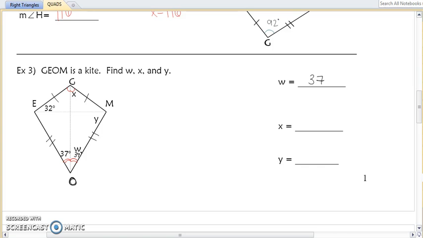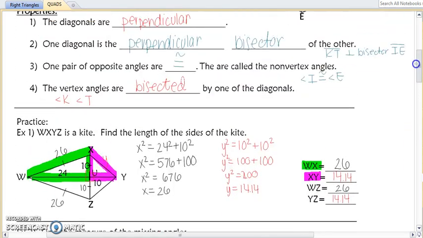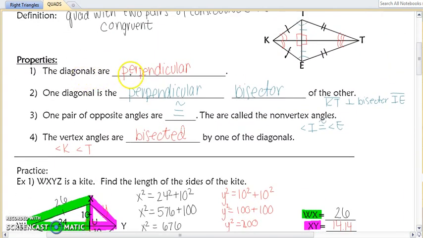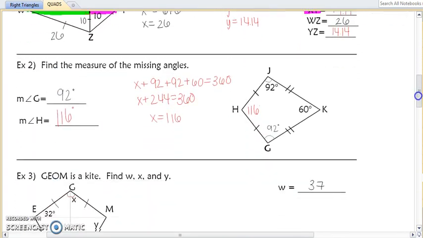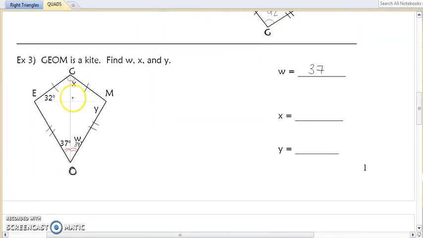To find the measure of angle Y, it's a little bit more simple than you might think. We know, based off of our properties, that the diagonals are perpendicular. So within this kite, we can put a 90-degree angle on each of these. And then just focus in on one of these triangles, like we would with the Pythagorean theorem, but now we're dealing with angles.